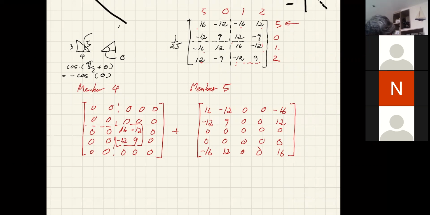And for member number 6, now member number 6 is, you know, typical of member 4 and 5, because if you look at member number 6, it's typical 1, 2. So sine and cosine should be positive for member number 6.